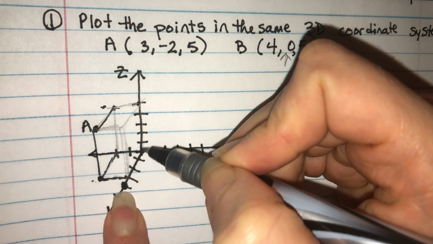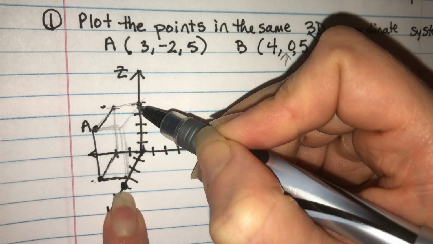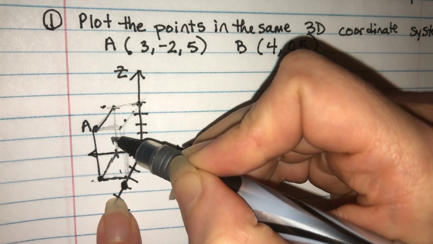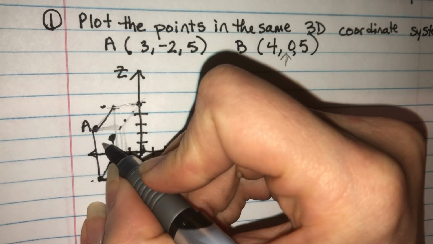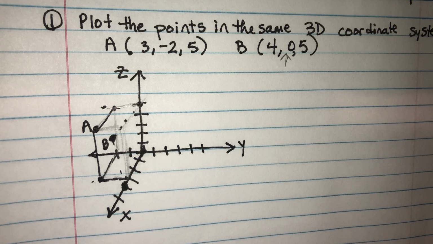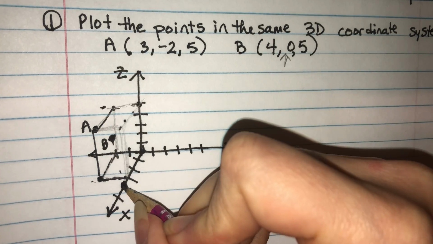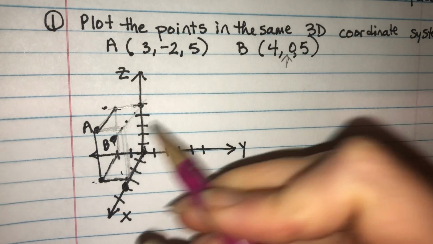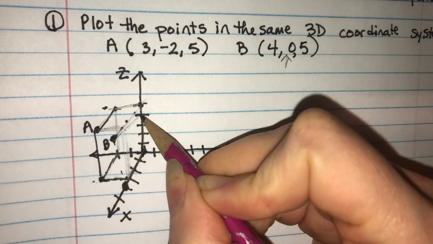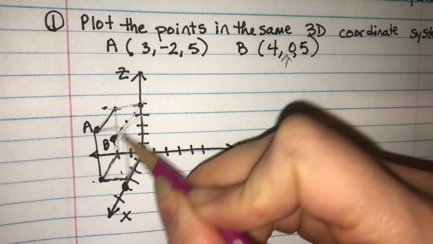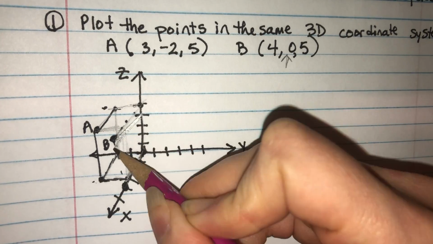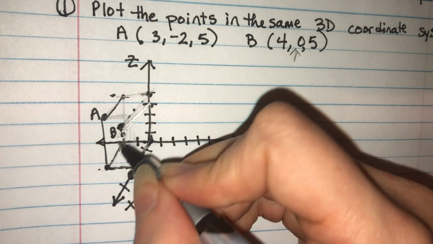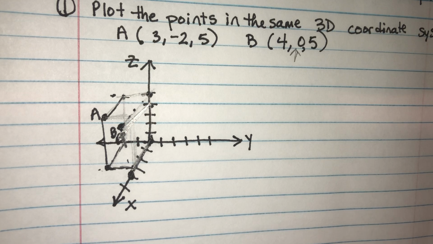So it's like if this was 5 and we come back out 1, 2, 3, 4, a little further out here, right about here would be where my point B is. Trying to make the line for the x-axis parallel to the one for the 4. I went kind of up 5. If these were parallel, it might need to be a little lower. There we go. Sorry. I came out from the 5. I needed to come out from the 4. So here's B.